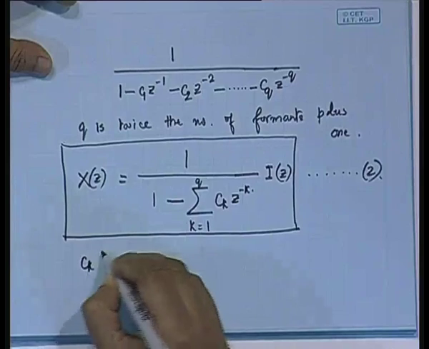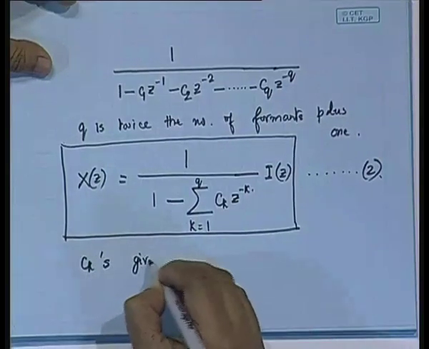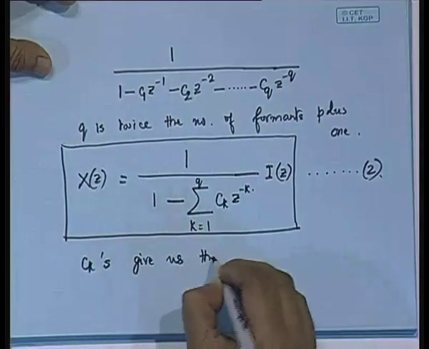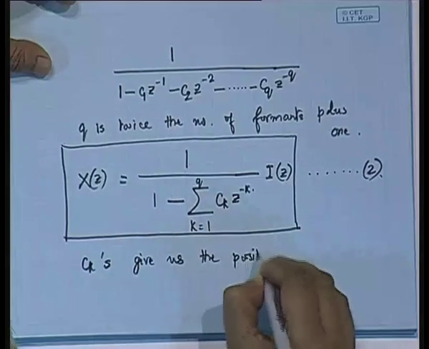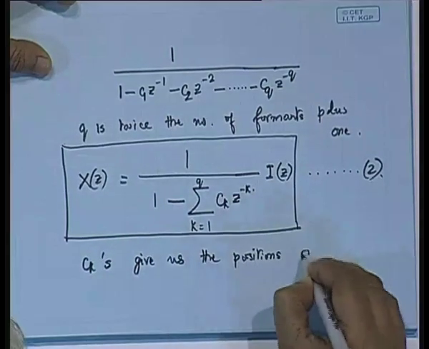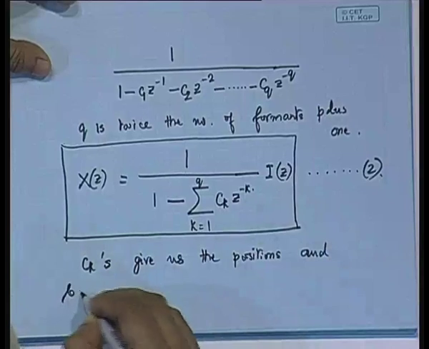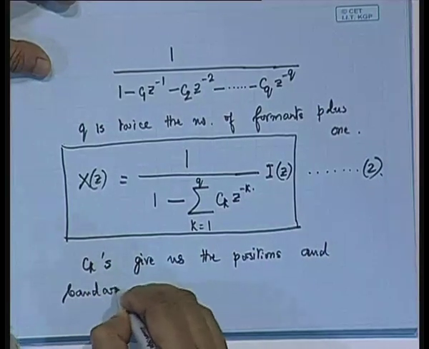Now, after all, what are these Ck's? What is the physical significance of these Ck's? These Ck's are giving us the position and bandwidth of the formant resonances.